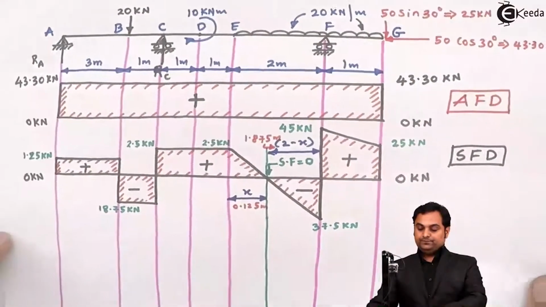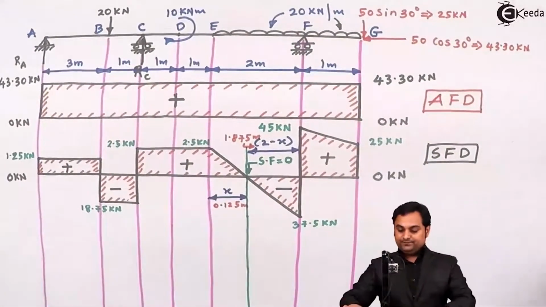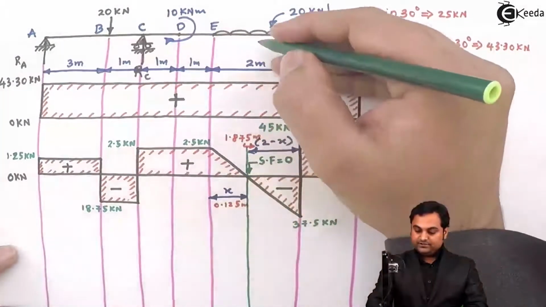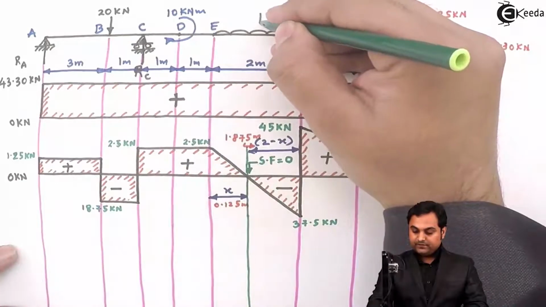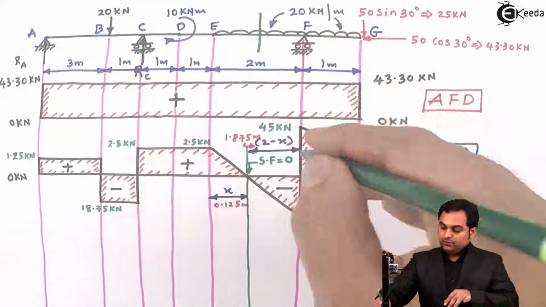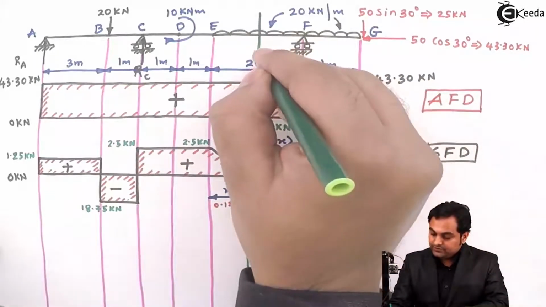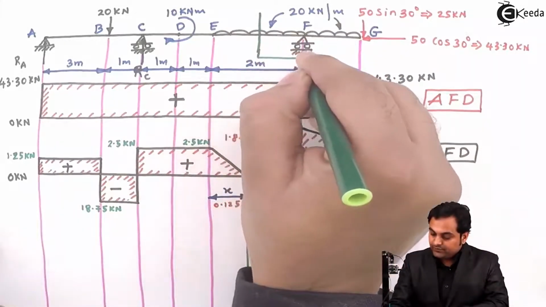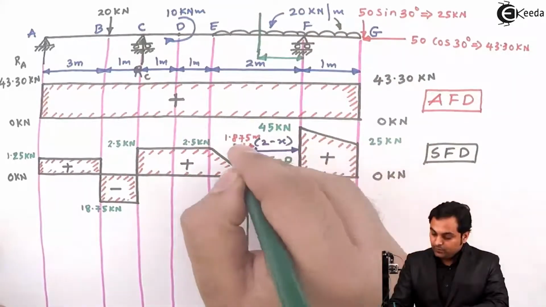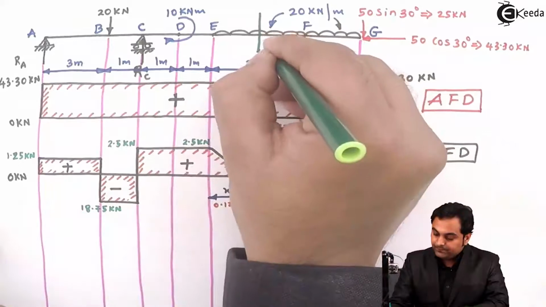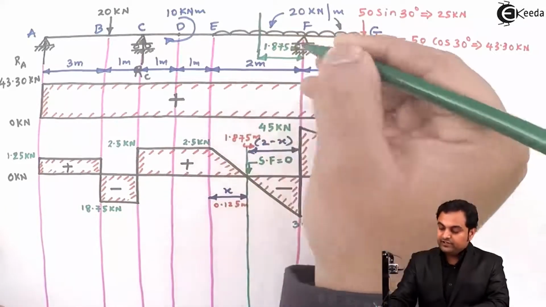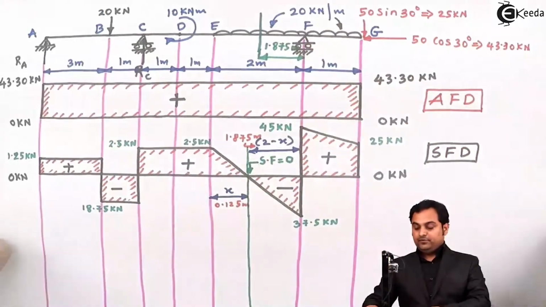So for that, I'll project the same distance onto the beam diagram. Here this distance is with respect to point F, that is the location where shear force is 0, 1.875 meter. Here I have to find the value of maximum bending moment.